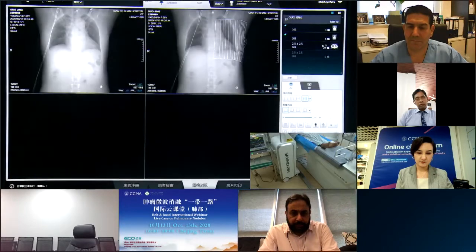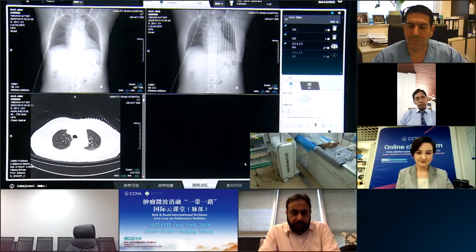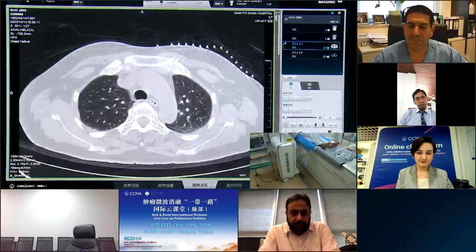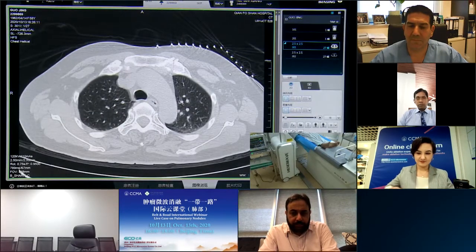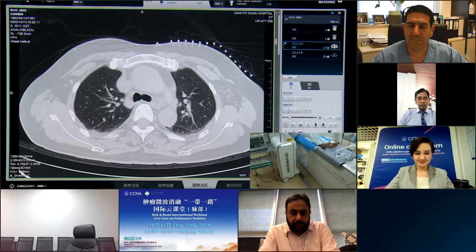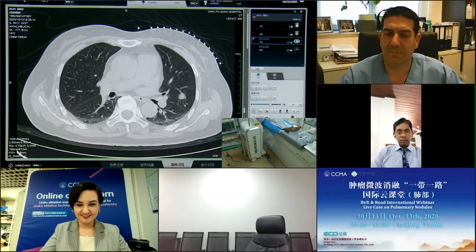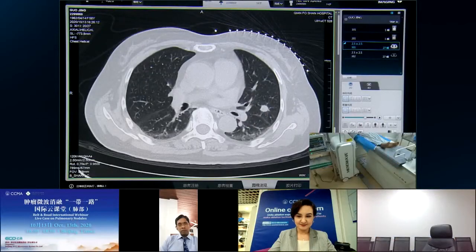We can see the lesion which is located at the left upper lobe, left lung.